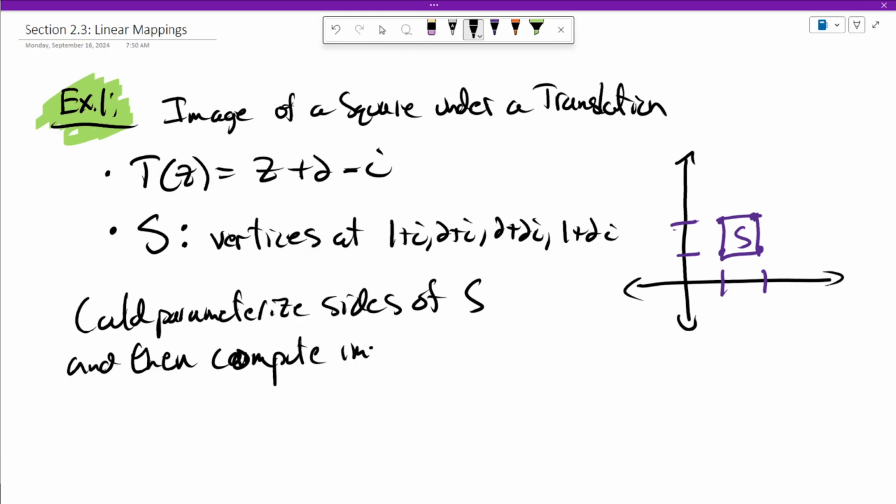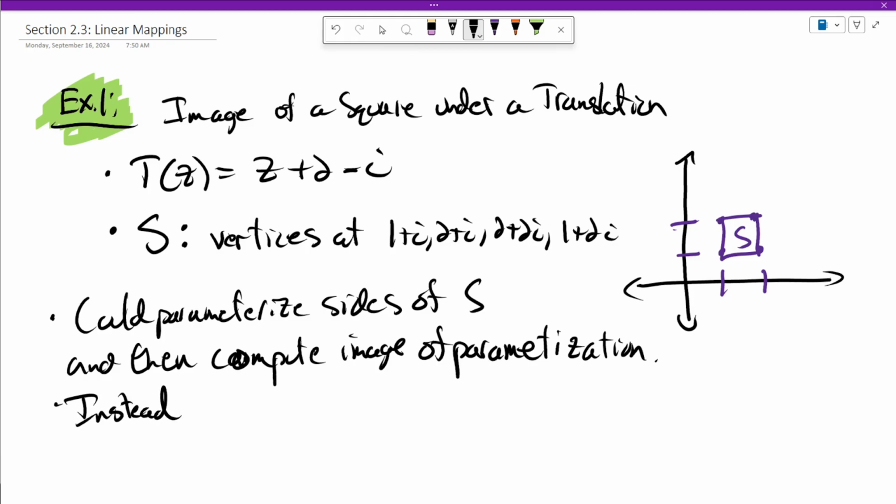But when we have nice functions like linear functions, which is what this is, well, this is not necessarily a linear function, but it preserves linear objects. It's a Euclidean isometry. What we can do is rely on the fact that these rigid motions, these isometries, preserve linear objects.